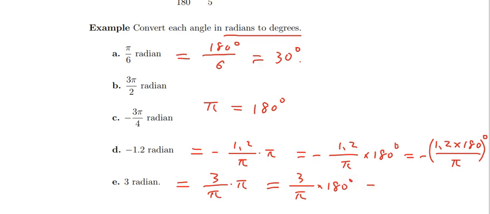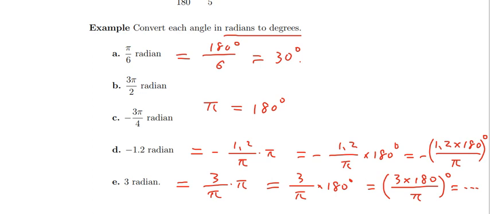So this equals 3 times 180 over pi degrees. Then we need to calculate to find this. Okay, so that's the conversion between degrees and radians.